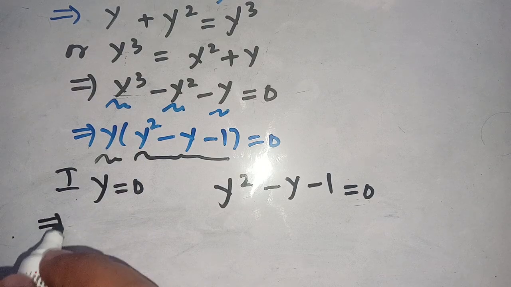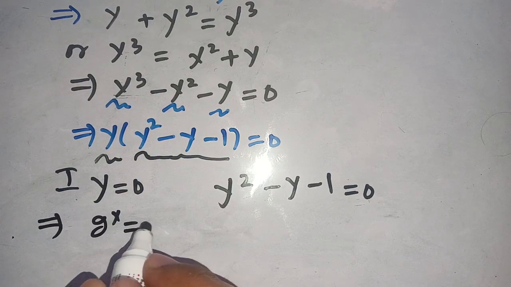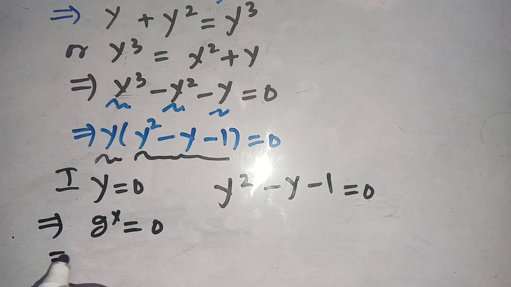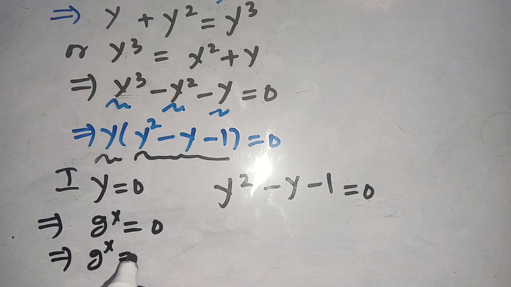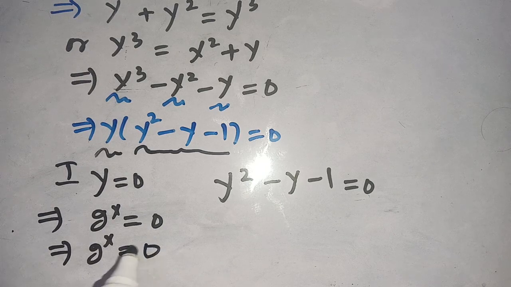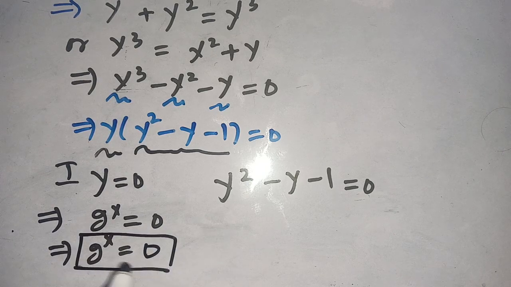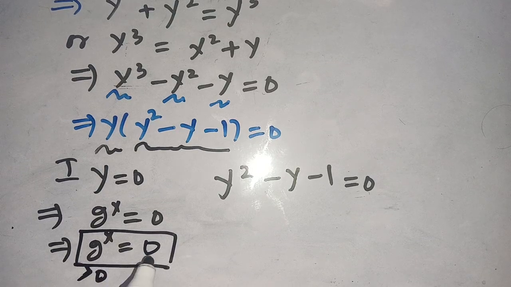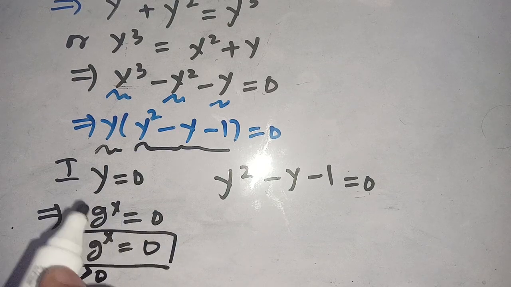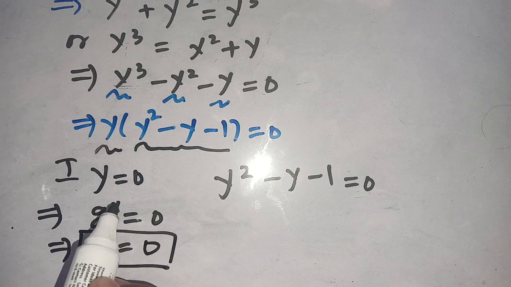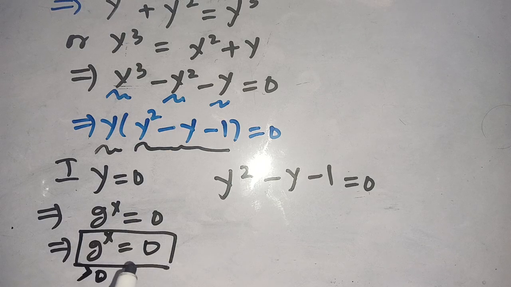In place of y we put 2^x = 0. An exponential is always positive, always greater than 0, thus it cannot equal 0. Thus 2^x = 0 is not defined.